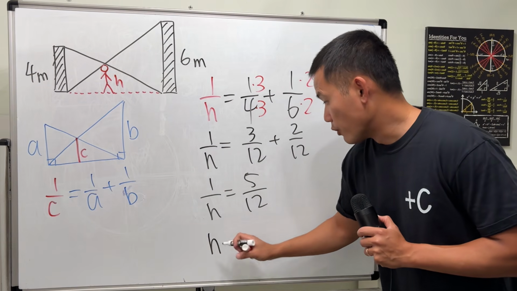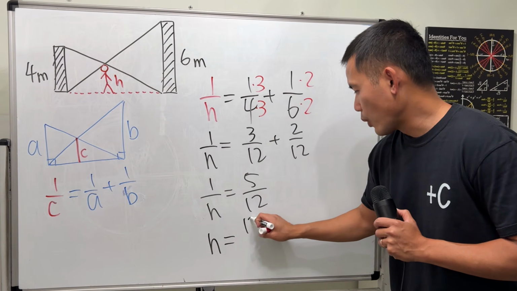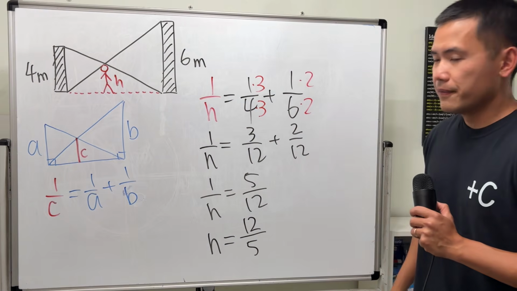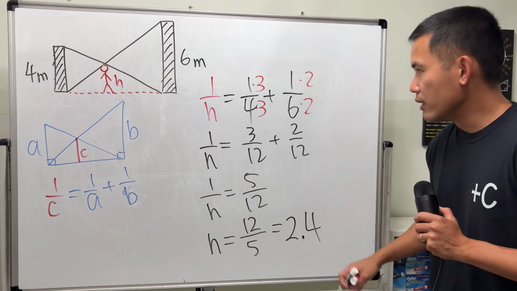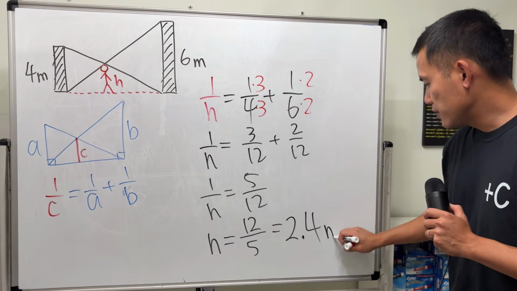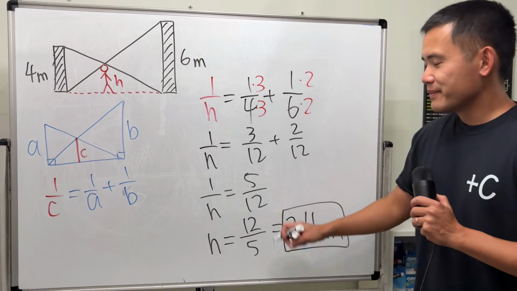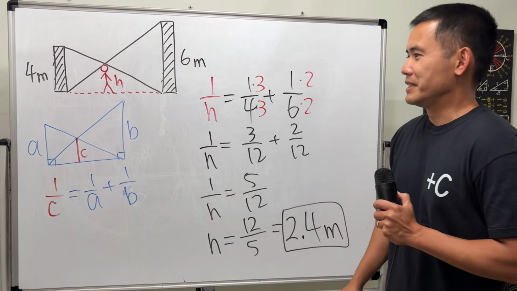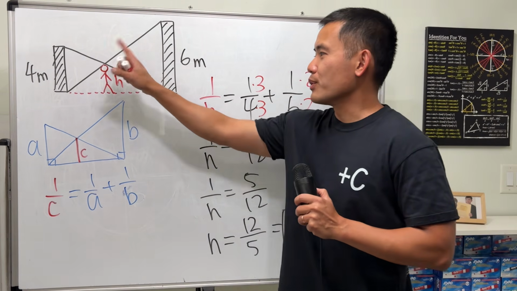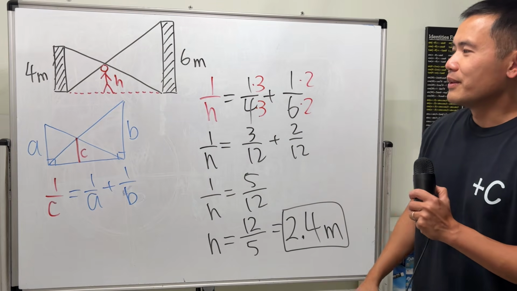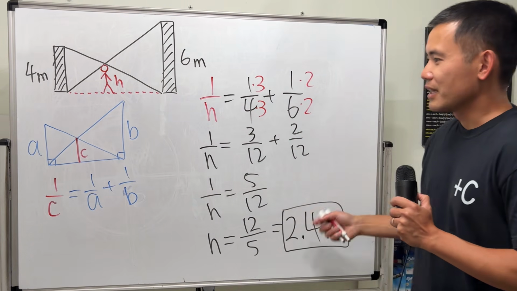We get h over 1 is equal to 12 over 5, which is equal to 2.4 m, which stands for meters. I don't think there's anyone who is that tall. But anyways, the answer to this question is just 2.4. I think they just want you to have nice numbers, so that's why.